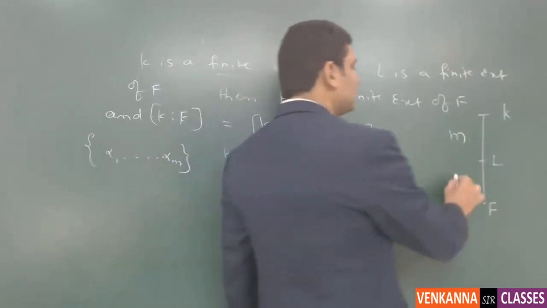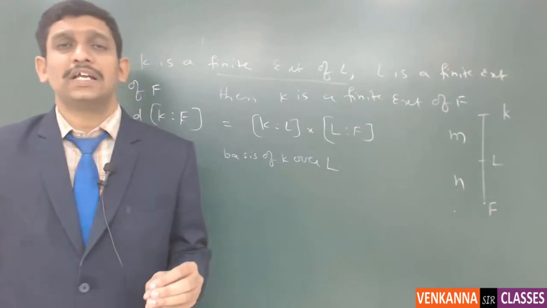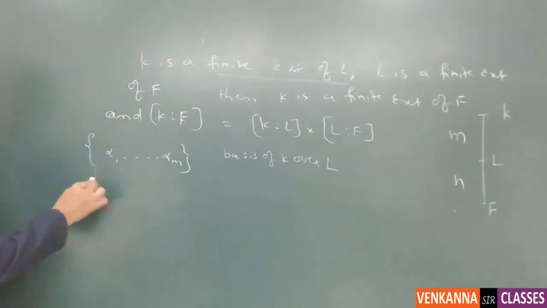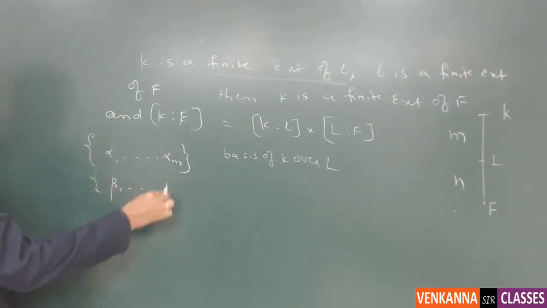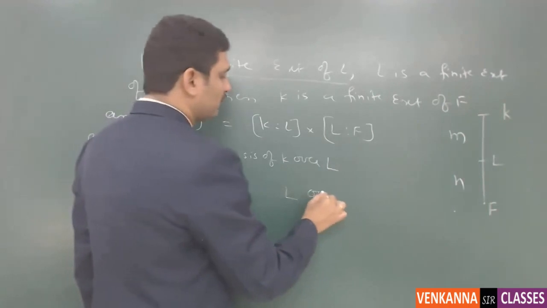Let us take the dimension as n. It means that we can find a basis for L having n elements. So you take the values as beta 1, beta 2, and so on, beta n. This is a basis of L over F.